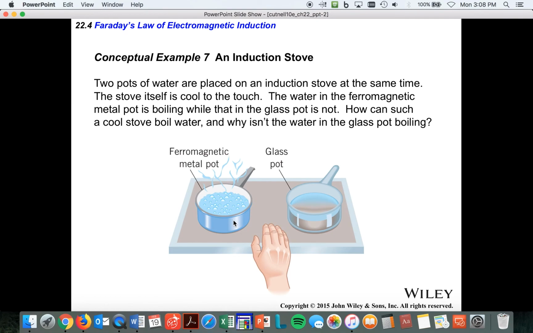It's got a magnetic field. They're probably keeping a constant magnetic field, and they probably have a little electric thing churning around in here. So it's changing the flux all the time, heating up the pot. But it's just that pot, so the stove is cool.